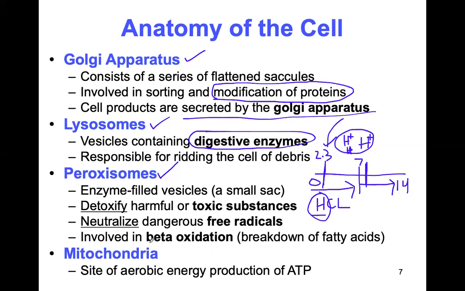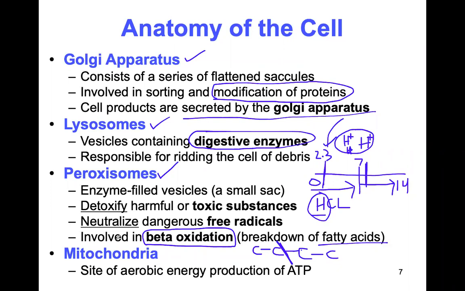And it's also involved in something called beta oxidation. When you see the word beta oxidation, that is breaking down of fats and fatty acids. And it does so, beta is which carbon, like the first is the alpha, the second carbon is the beta. So you look at these long carbon chains, and in order to break them down, it chops it at the second carbon. They call that beta oxidation.